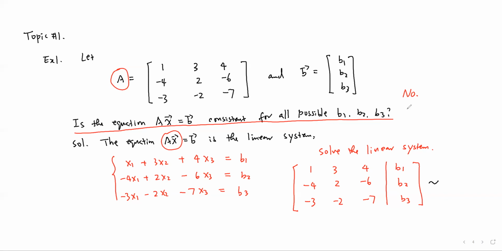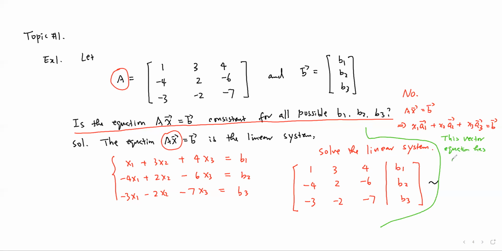Because the linear system is a vector equation: X1 times the first column plus X2 times the second column plus X3 times the third column is B. Now this vector equation has no solution for some B.